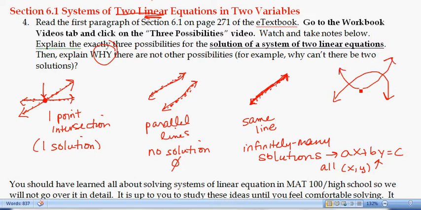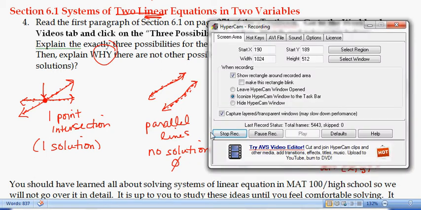If I were looking at a system of two quadratic equations in two variables, suddenly we could have more options because I see 2 points here that will simultaneously make both those equations true, right? But the fact that these are linear means we can't have them curving back around. The only three visual possibilities would be a single intersection, no intersections, or infinitely many intersections. Okay, so those are our three possibilities for solving a system of linear equations.